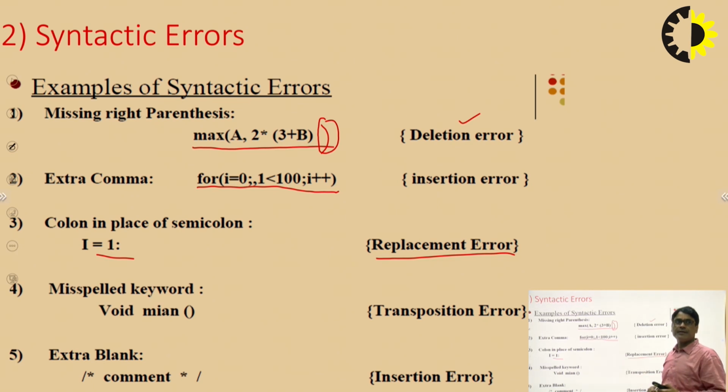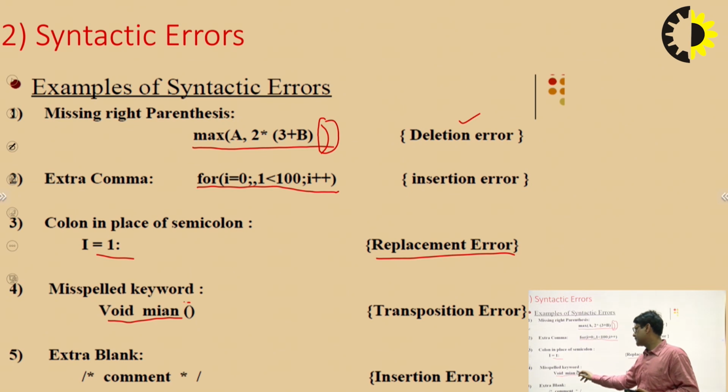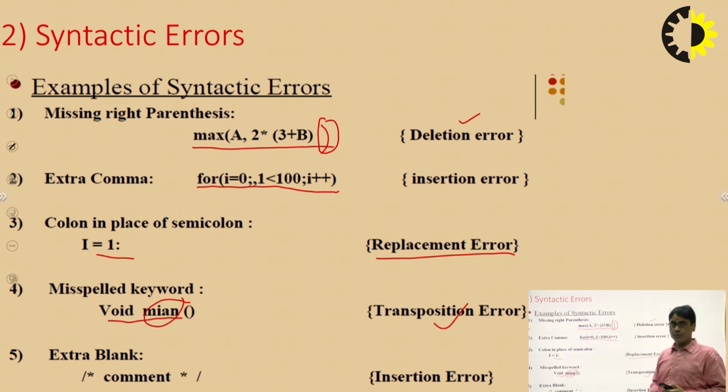Then a misspelled keyword, like void main, is called a transposition error. If you mistakenly write something in incorrect form, like the spelling of main is M-A-I-N and you put M-I-A-N, that happens only when you are typing in a hurry. That is the only problem. So it is called a transposition error.